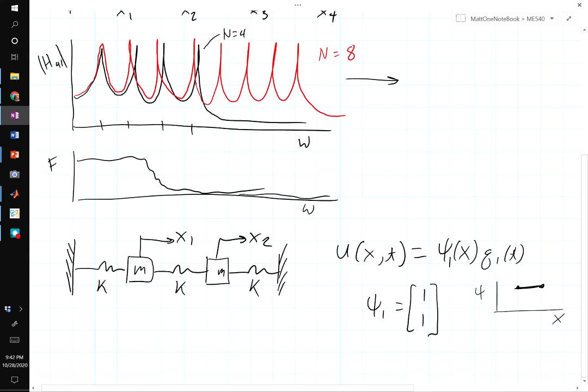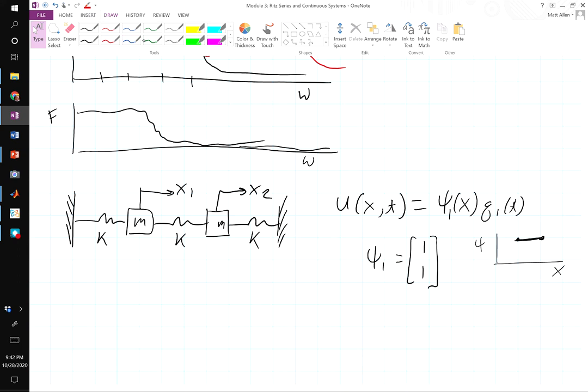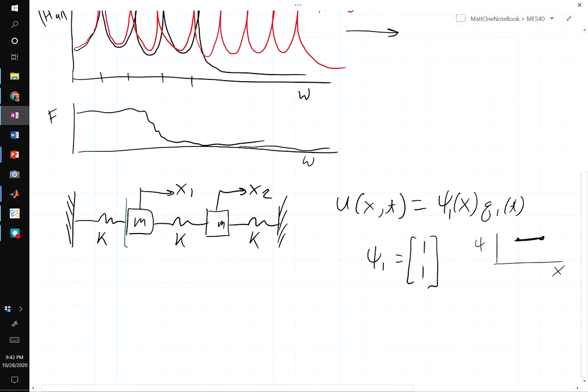But anyway, if we did that, and then we derive the equation of motion, notice then that that is the same as kind of lumping both of the masses together into one rigid mass, 2m. So by inspection, we could see that the equation of motion for this system would be 2m q1 double dot plus 2k q1 is equal to 0.